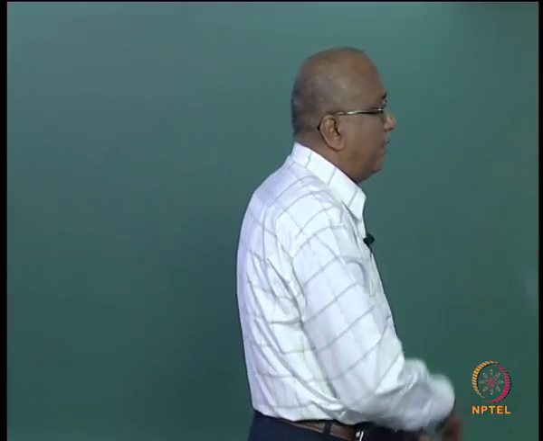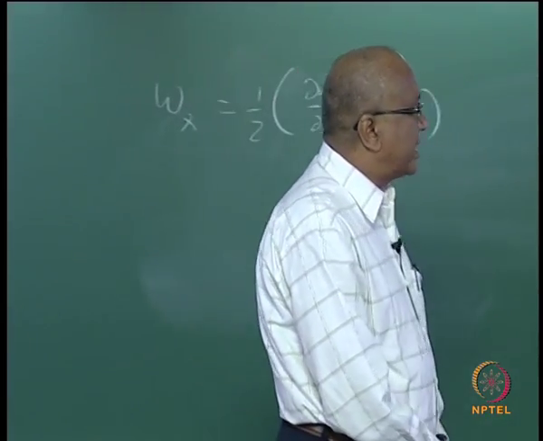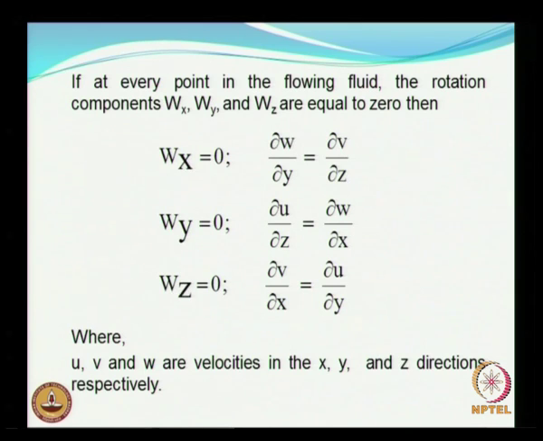So if at every point in a flowing fluid the rotational components ωx equal to 0, ωy equal to 0 and ωz equal to 0, then automatically you will get the expressions on the right-hand side, that is ∂w/∂y equal to ∂v/∂z.